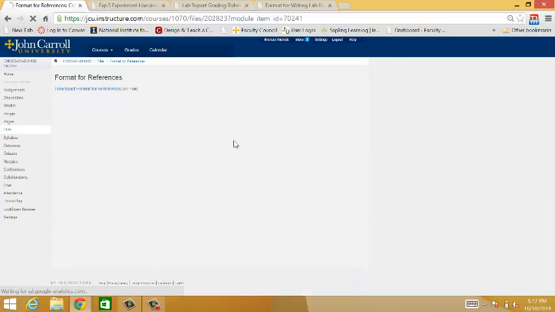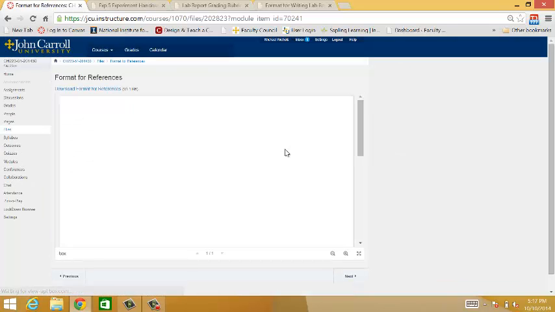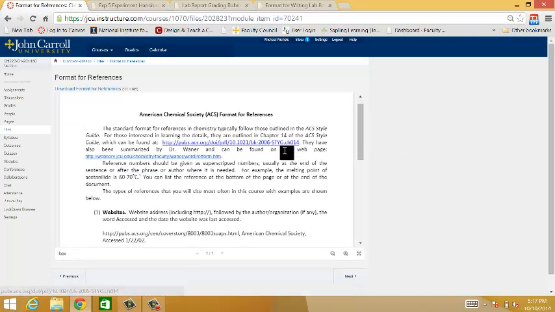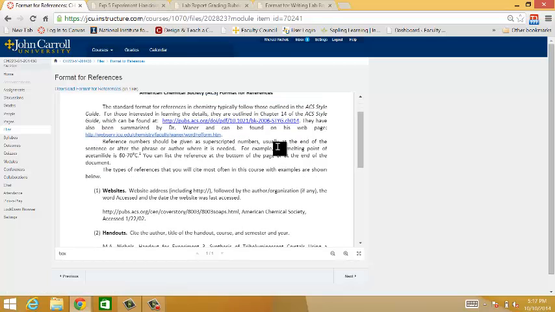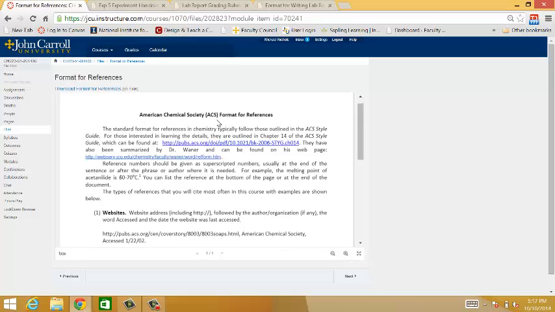Format for references. So, we'll see a little panda on the unicycle, and here is what we call the American Chemical Society, which is for chemistry, the leading journal referencing system. You can find some of that in the ACS style guide if you are really overly ambitious.